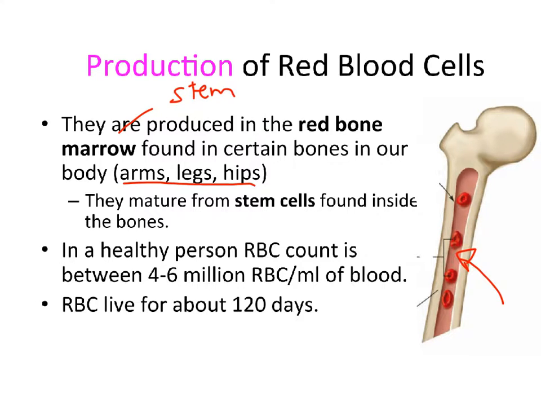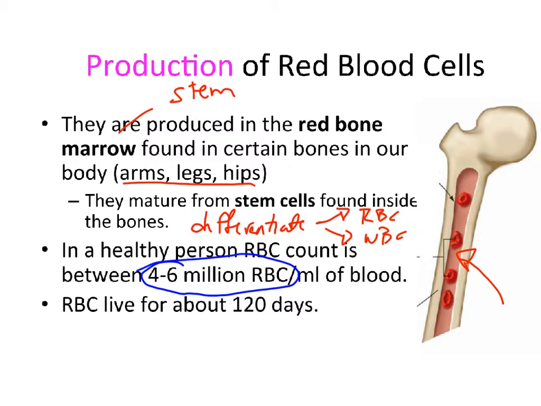These undifferentiated cells differentiate into the different blood cell types. Remember, differentiate is when you take a stem cell and turn it into maybe an RBC, red blood cell, or a WBC, a white blood cell. There are different types of white blood cells we're going to talk about later, but they mature and then are released out into the body. In a healthy human, we're talking about 4 to 6 million red blood cells per milliliter.